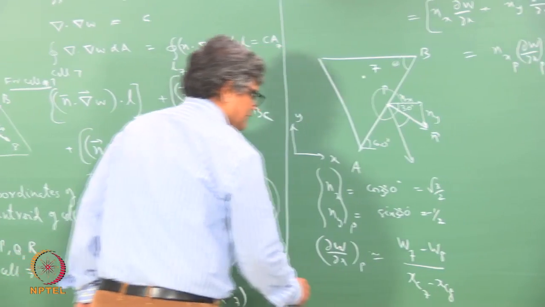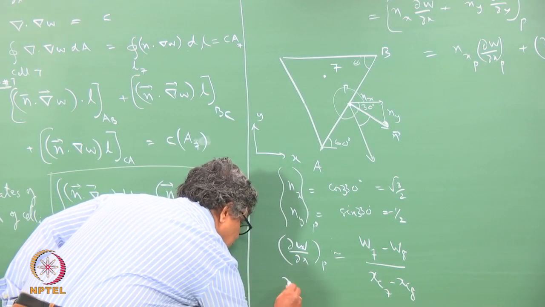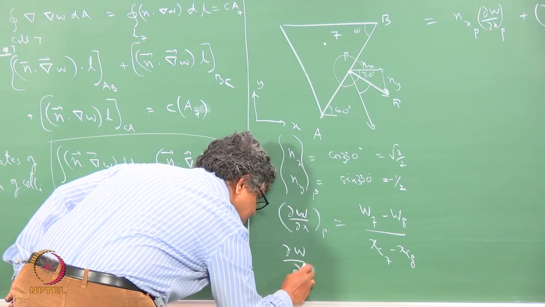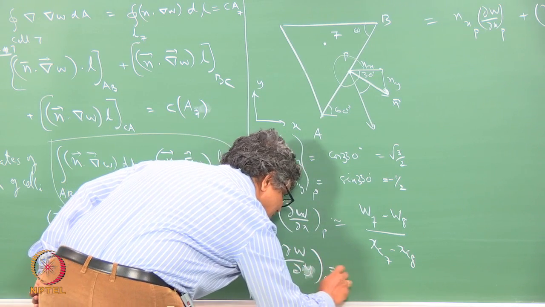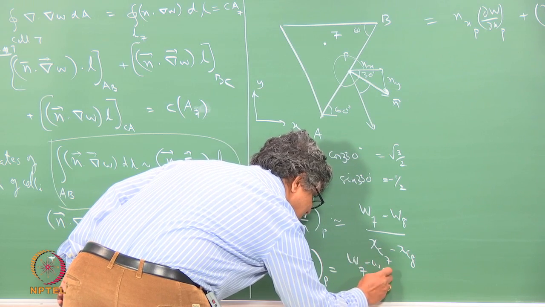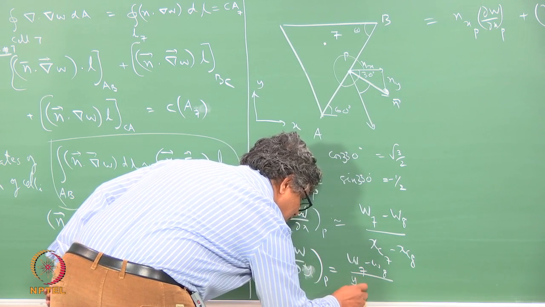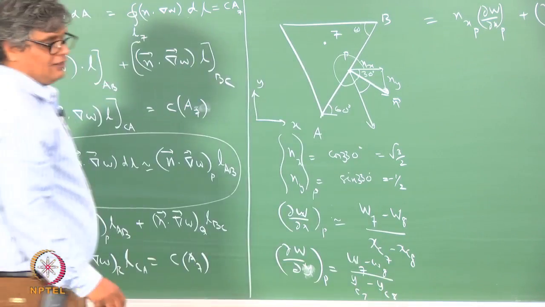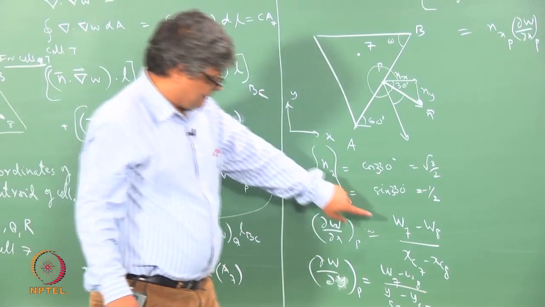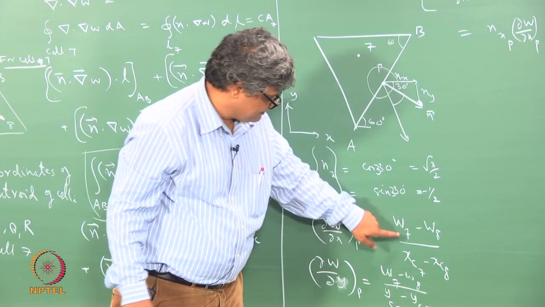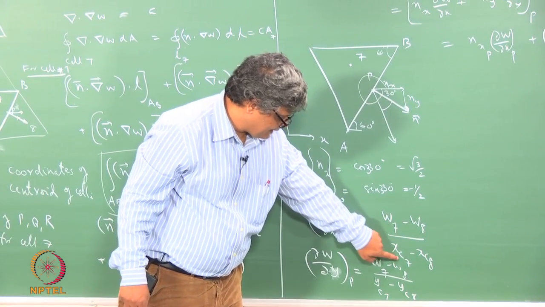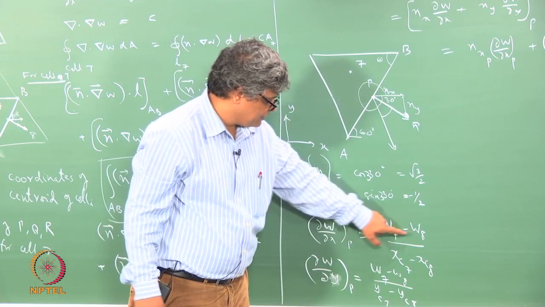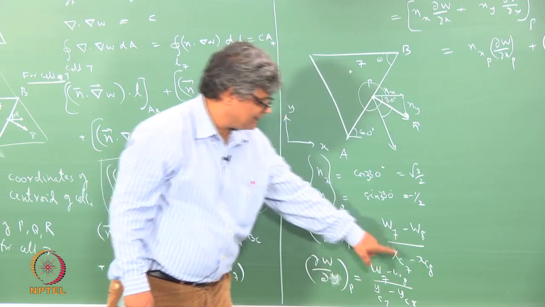So, similarly we can write down dou w by dou y at point P as W7 minus W8 divided by YC7 minus YC8. We need to keep in mind that the same order will also appear here, W7 minus W8 and XC7 minus XC8. We cannot say XC8 minus XC7. So, if you put here 8 and 7, then it is again 8 and 7 like this.